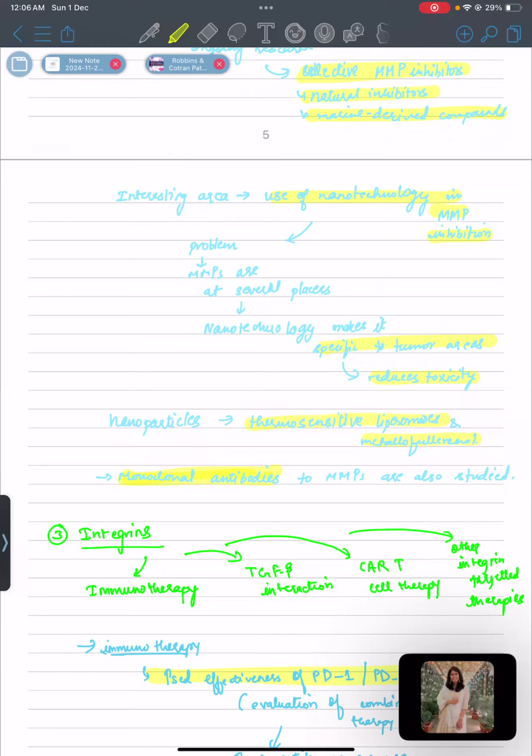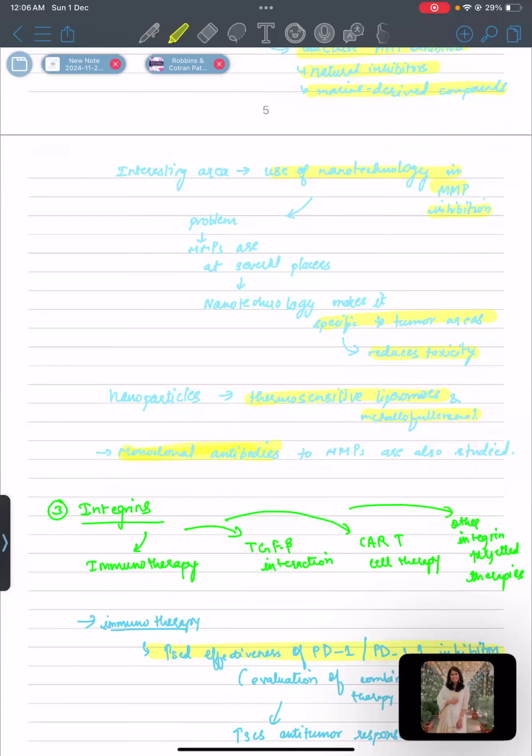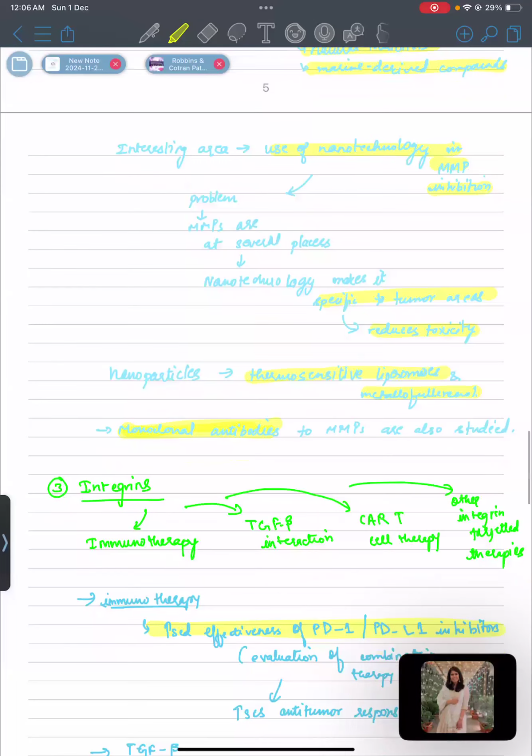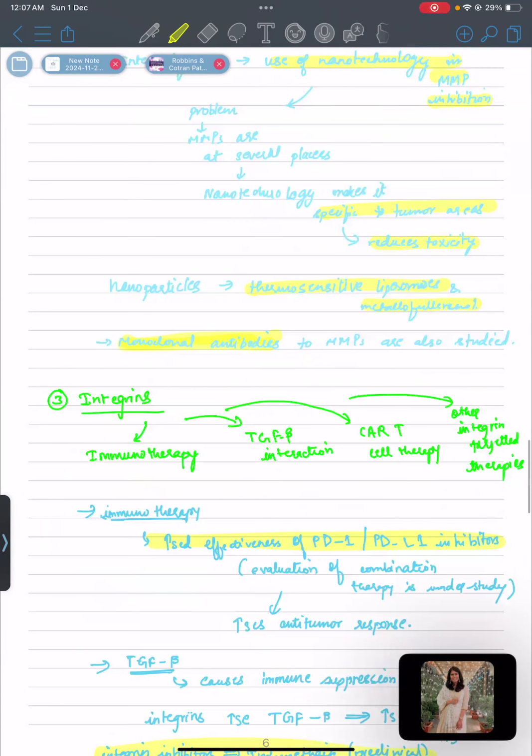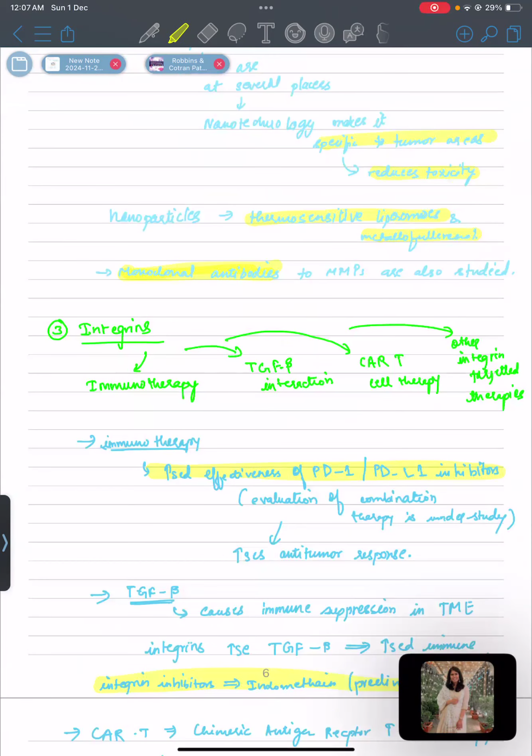And to remove or to decrease those side effects, nanotechnology using thermosensitive liposomes and metallophenols is being developed, and just specific to tumor areas that reduces the toxicity. This is a very interesting thing, and I encourage you all to go and search more upon this. Then monoclonal antibodies are also being developed for MMPs.